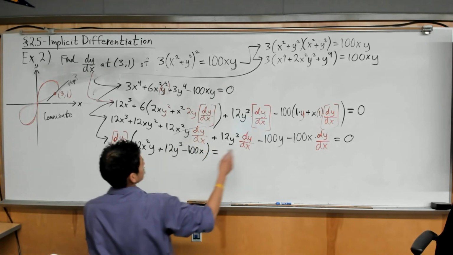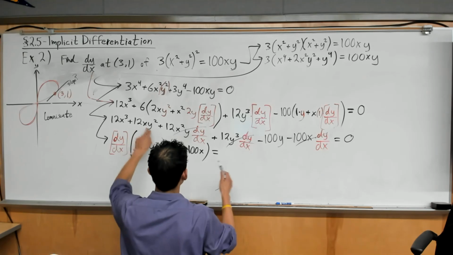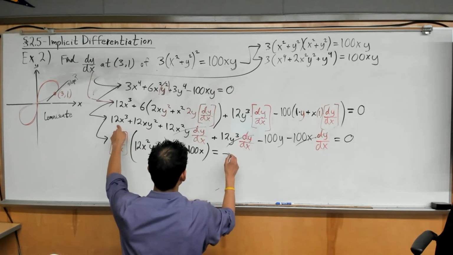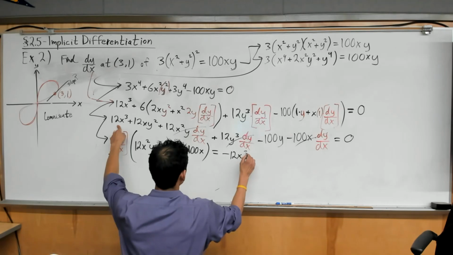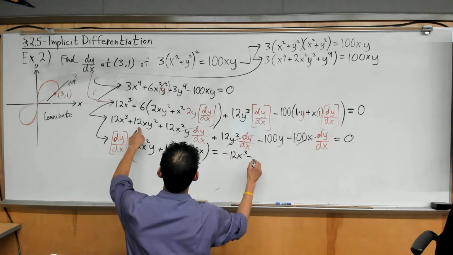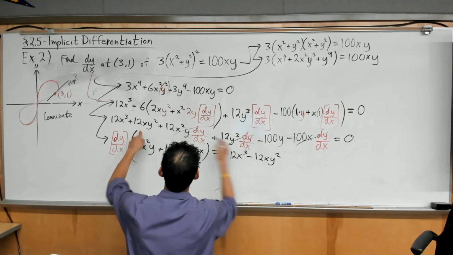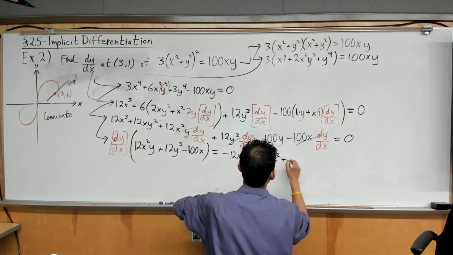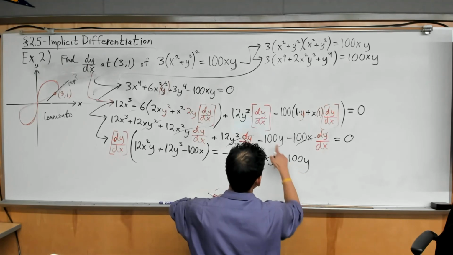So I took care of that, this, and that. I'm going to subtract this, so subtract 12x cubed. Subtract this, minus 12xy squared. Yes, I'm walking on my knees. You have to do what you've got to do for the math. And add 100y to the right.